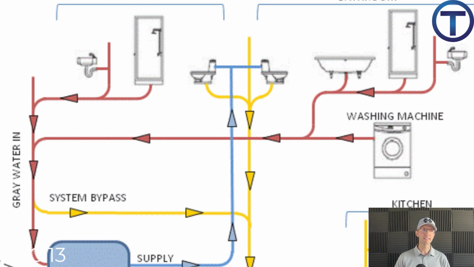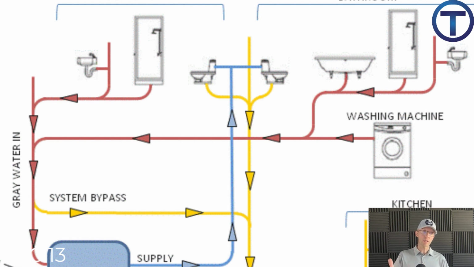It's being collected from bathroom sinks, showers, tubs, and a washing machine. Now, notice that these are representing actual piping systems. In between some of those bathrooms, you have the toilets. There is a separate drainage system for the toilets, not connected to the gray water, which is being diverted to a different location. That's the red, right?